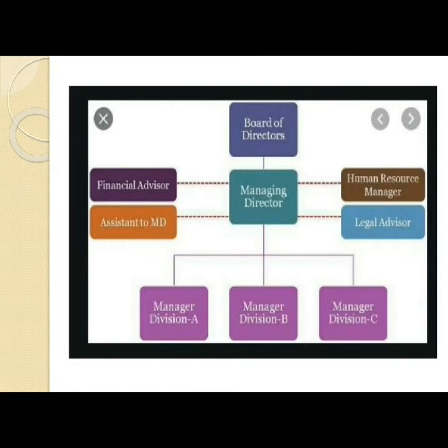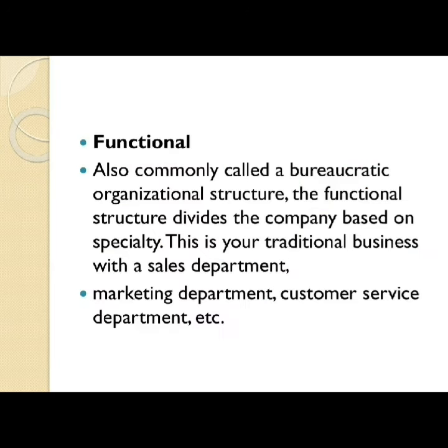They are not like a product manager and things like that. They are like advisors, the legal advisors, the financial advisors, or an assistant to the MD or the human resource managers. They're not line managers, they're support functions, and they do not command over the business. They're not directly dealing with the business.